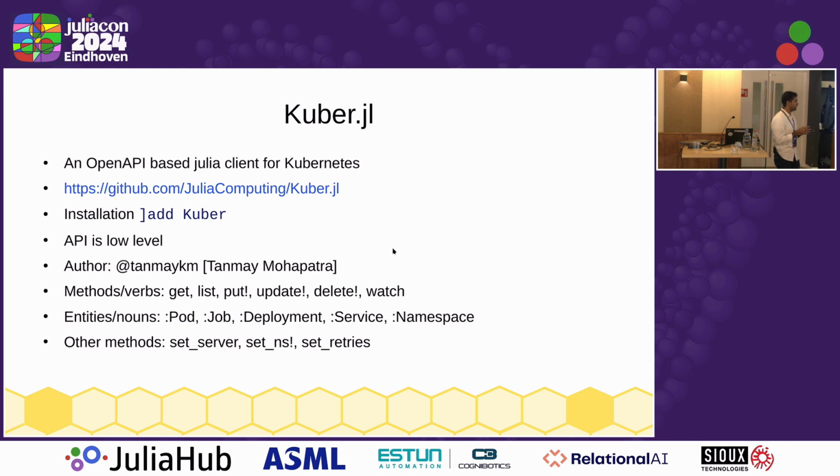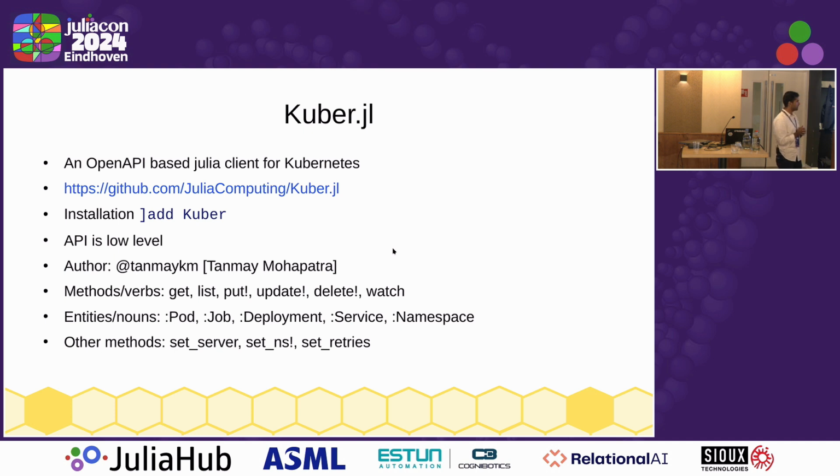And apart from jobs, there are things like networking. So there's an object called service, which you can use for load balancing. And then there's namespaces for isolating the various resources. So all of these nouns can be passed to methods, which are defined in terms of verbs.